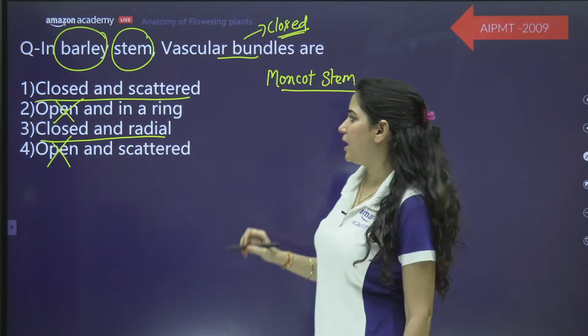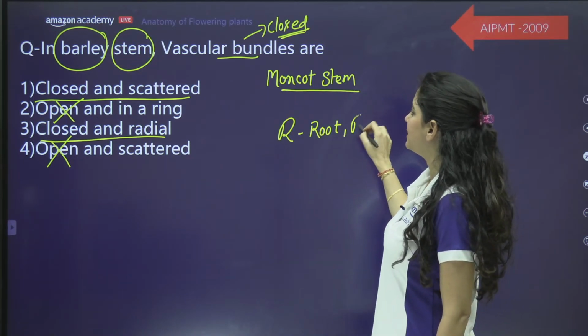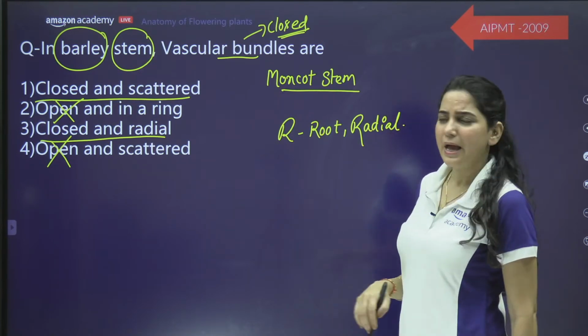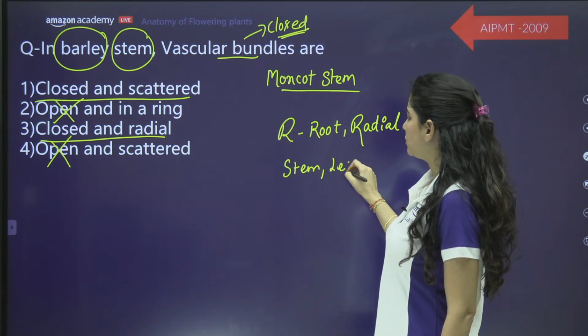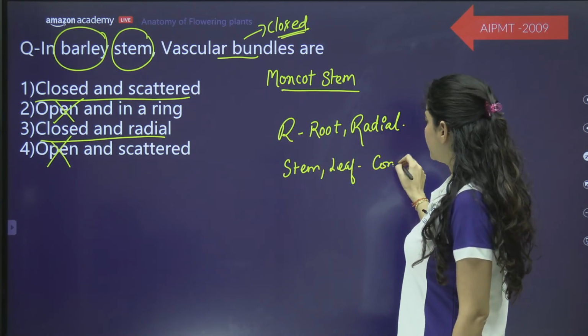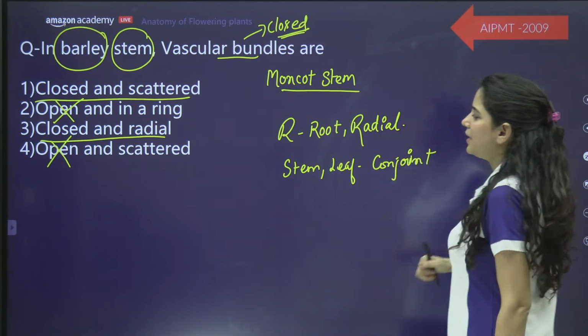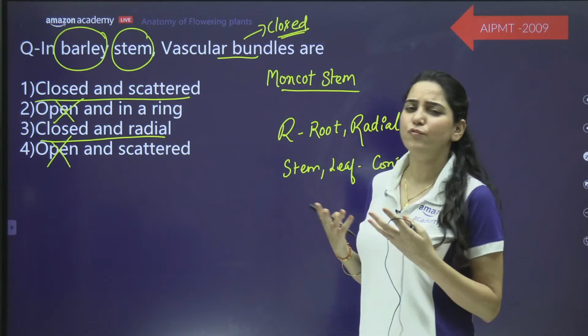Now remember beta, R for root, R for radial symmetry, radial vascular bundle, and stem and leaf, they both are conjoined. They both are conjoined. So remember that. Now what is the question asking us? It's asking about the stem, and stem would be closed.